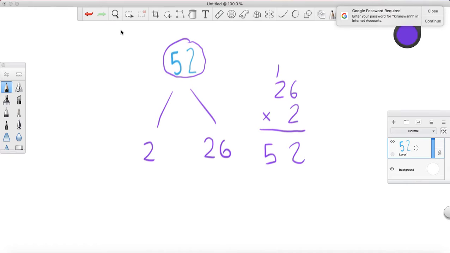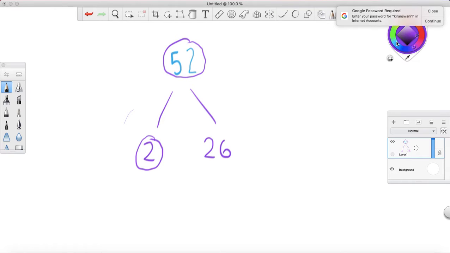Now we can move on to the next steps. We have to find if there's a prime number. So we know that 26 is composite, but 2 is prime. So we're going to circle it.